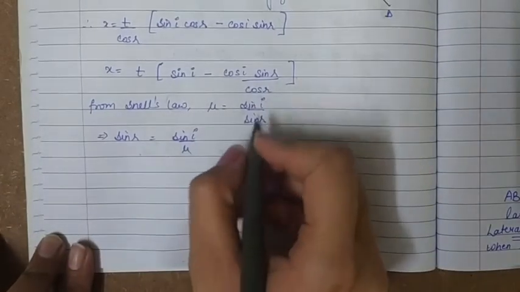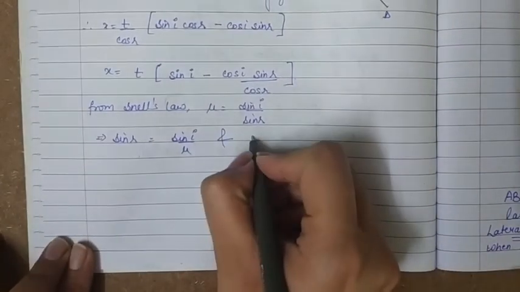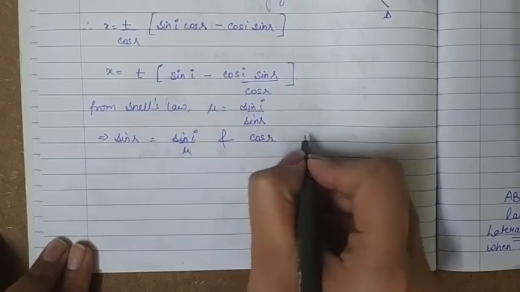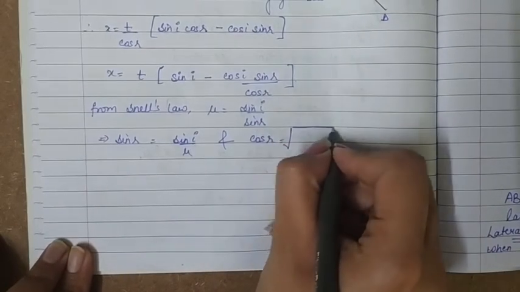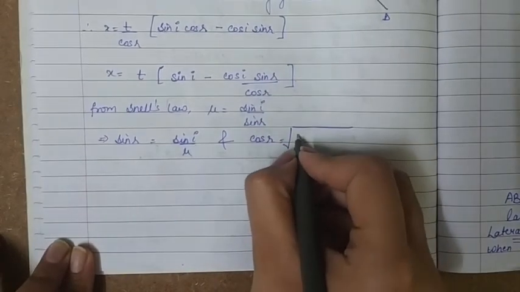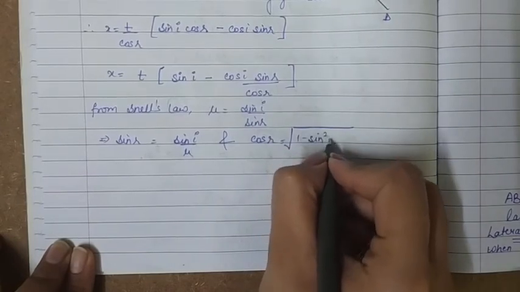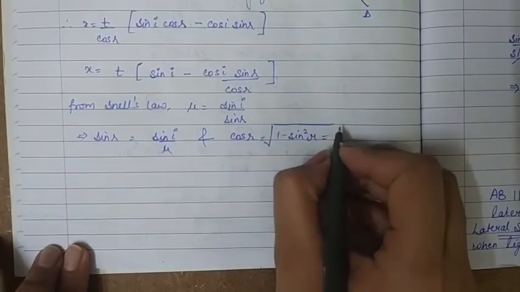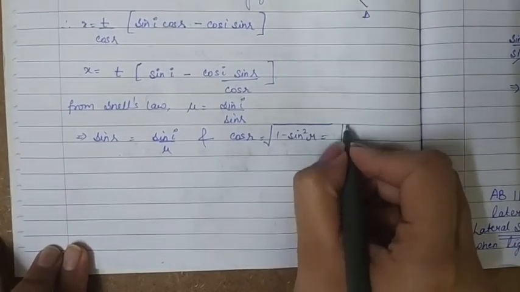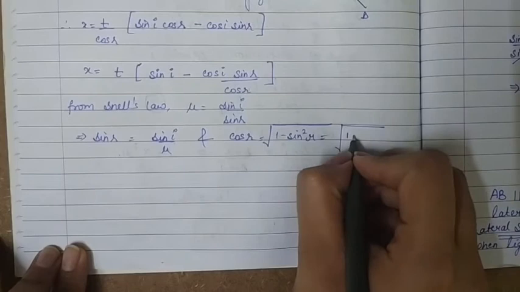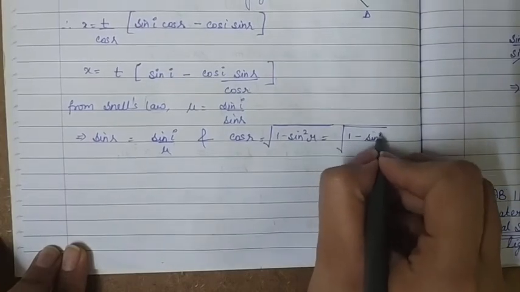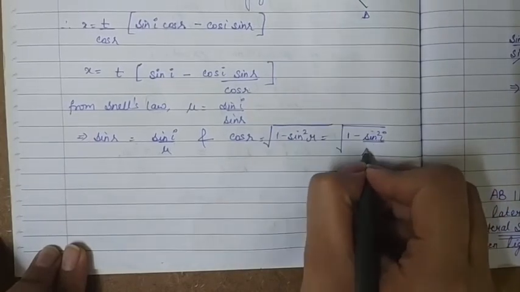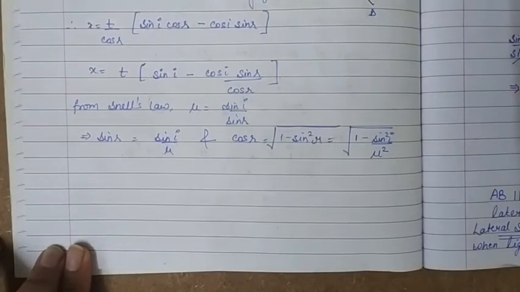So we have sin R now, and using this we can find cos R by applying the relation cos R is equal to under root 1 minus sin square R. Its value in terms of the angle of incidence will be under root 1 minus sin square I upon mu square. This is the value of cos R.